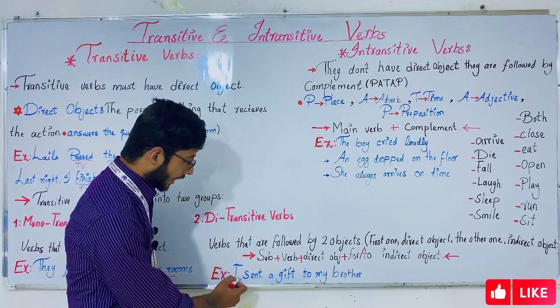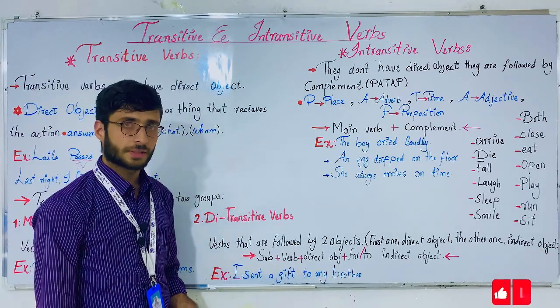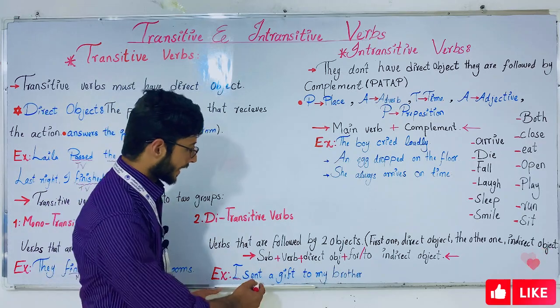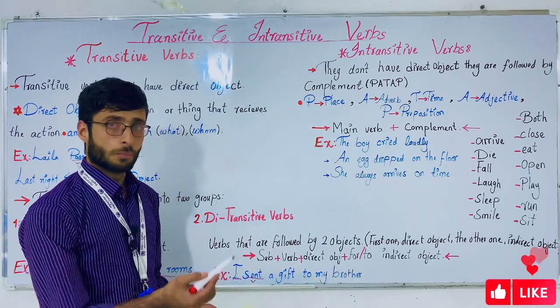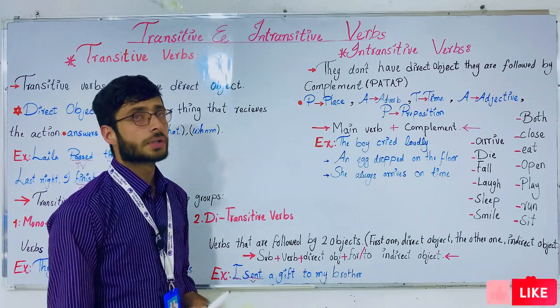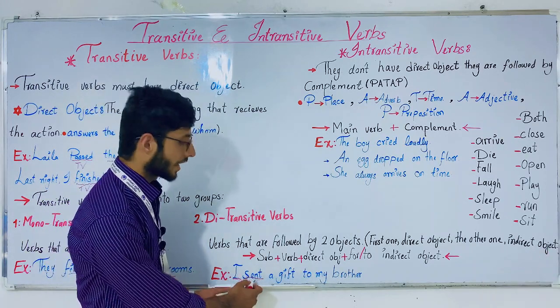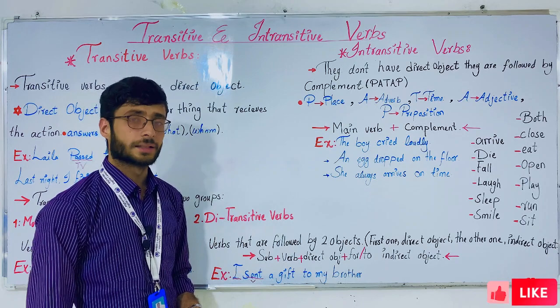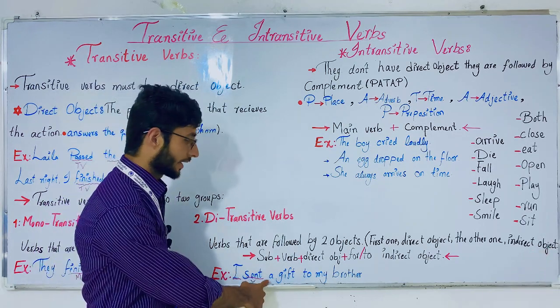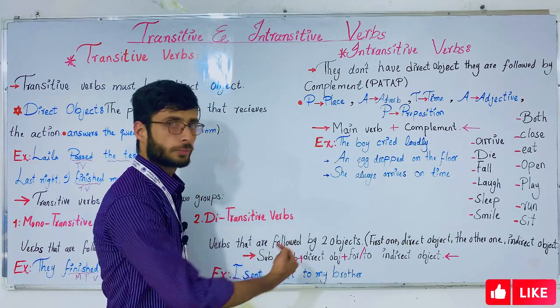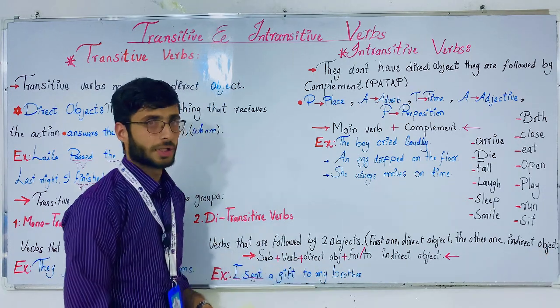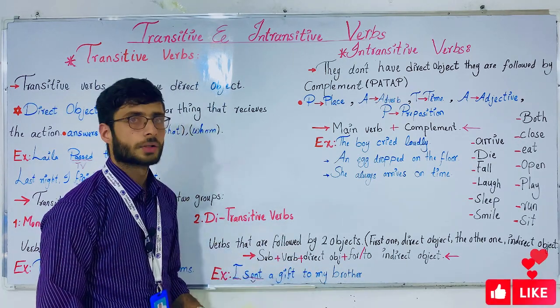Now, you know that I is the subject of the sentence, the doer of an action. Sent is the verb. Now, is it a monotransitive verb or a ditransitive verb? It's called a ditransitive verb because it needs two objects. I sent a gift. I sent what? A gift. To my brother. For whom? To my brother. This is called an indirect object.